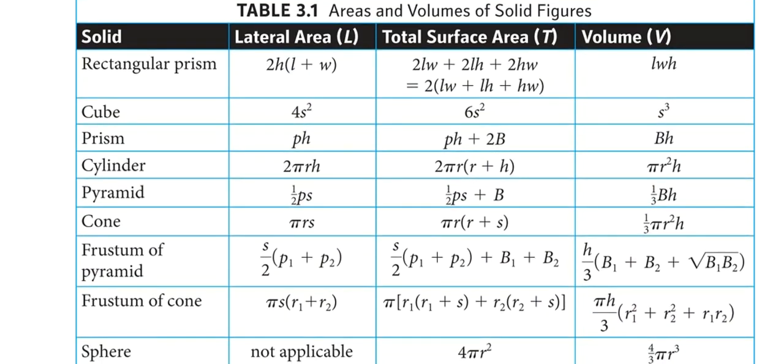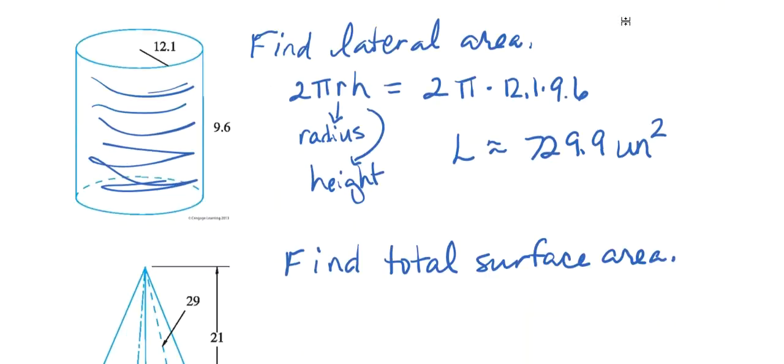Now I'm having to scroll back and forth. It might be beneficial for you to have this chart printed out and just next to you the whole time. So on our pyramid, we're doing total surface area, so it's 1/2 PS plus B. Notice your B is capitalized. 1/2 PS plus B.